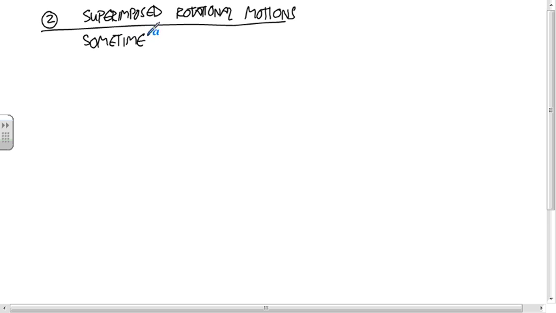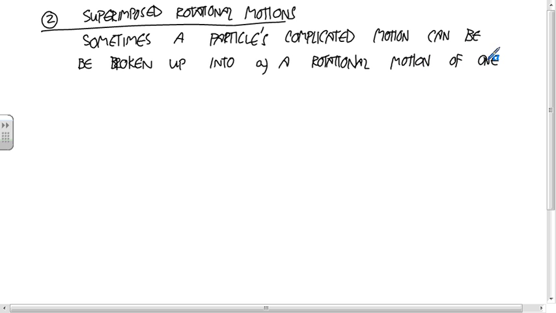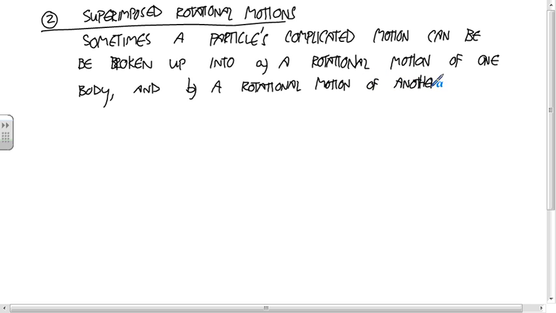So sometimes a particle's complicated motion can be broken up into first a rotational motion of one body and a rotational motion of another that depends on that first rotation.